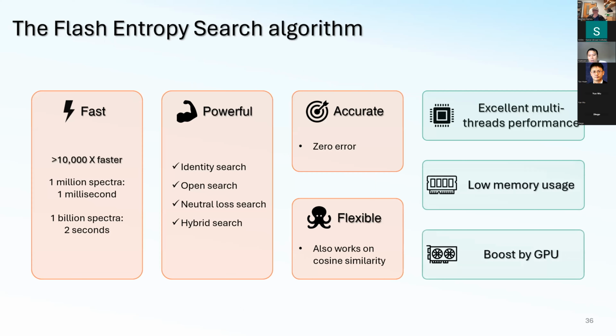Then I also want to show you how to use our method to search big data. As I told you, in the public repository there are around 1 billion spectra. But you may not have a very good computer; maybe it has very low memory. You can use our method, which needs very low memory. Meanwhile, I know a lot of people have a GPU, and our method can also be boosted by the GPU.